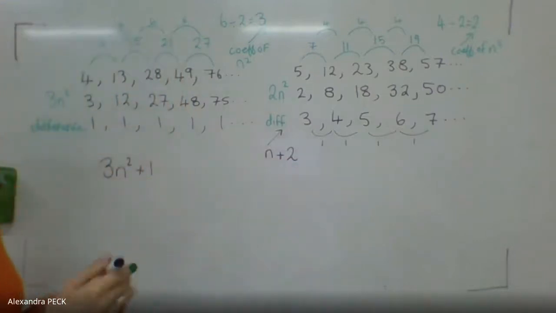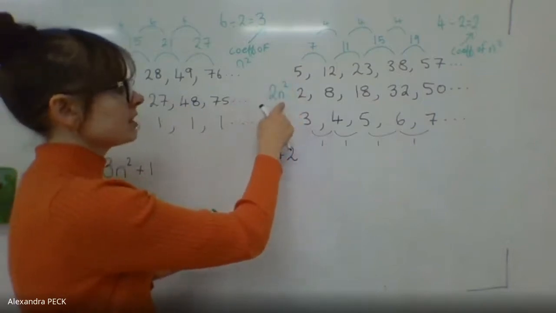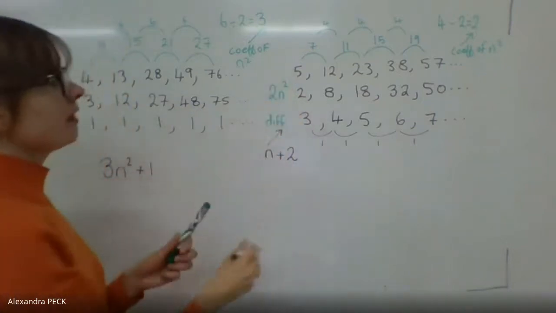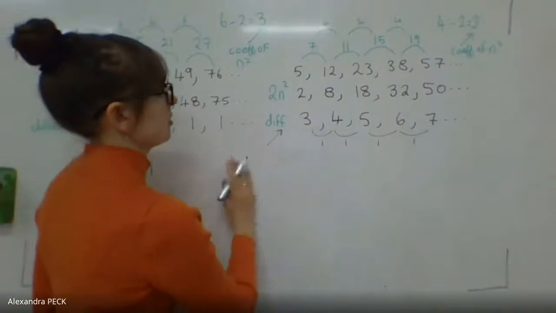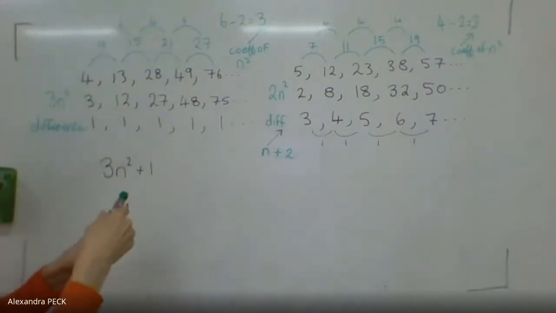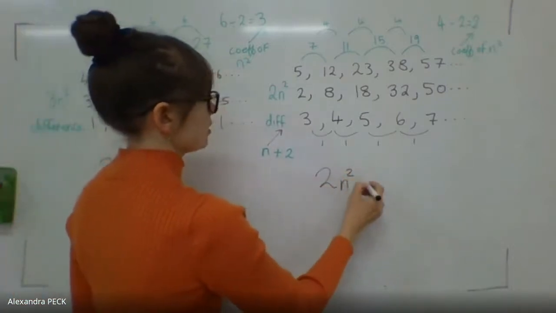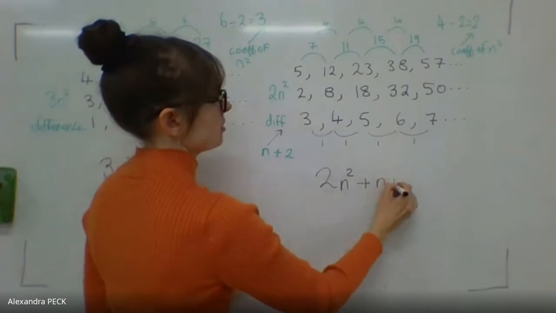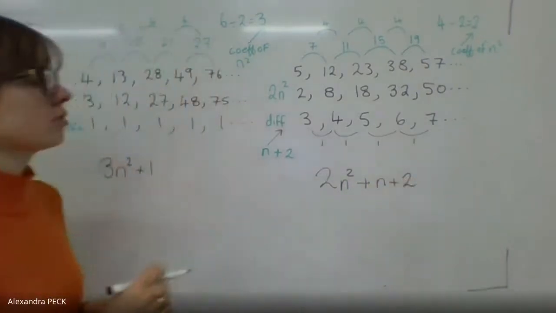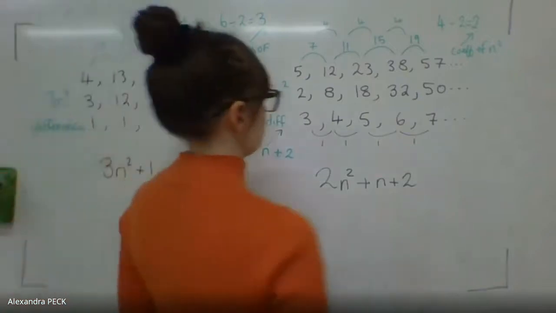And that means that our original sequence is the 2n squared sequence plus the n plus 2 sequence. I'm just going to write that in green. So our sequence up at the beginning is the 2n squared sequence plus the sequence n plus 2. So our nth term is 2n squared plus n plus 2.